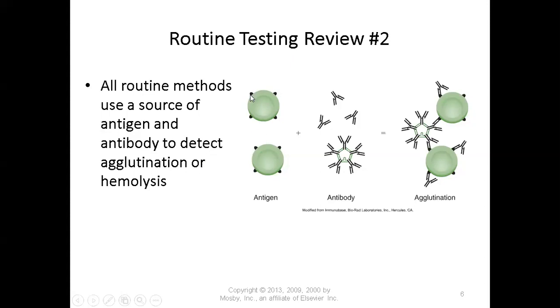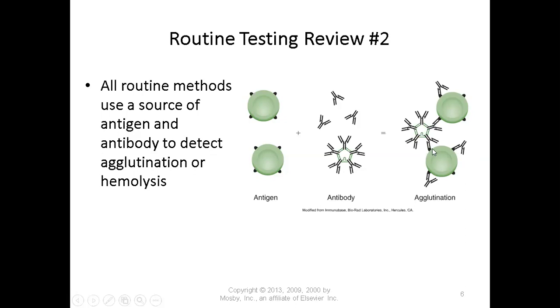This picture may look familiar from our last unit. Basically here we have a red cell, and it has some antigens that look like little knobs around its surface. When we combine these red cells with an antibody that is directed against them, remember, there are 2 stages of agglutination reactions. There's sensitization, where the FAB binding sites of the antibody bind the target antigen and latch on. And then the second stage is lattice formation.